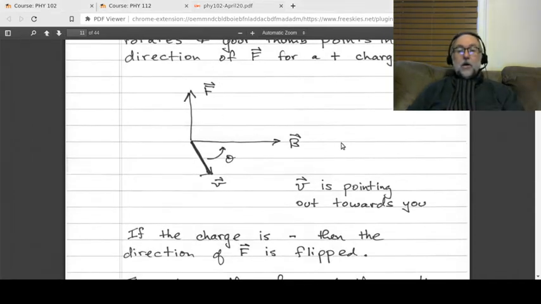Here's the diagram below. The way this right-hand rule works is you take the velocity vector, which in this particular diagram I have coming out towards you.